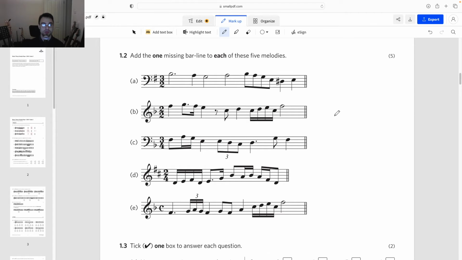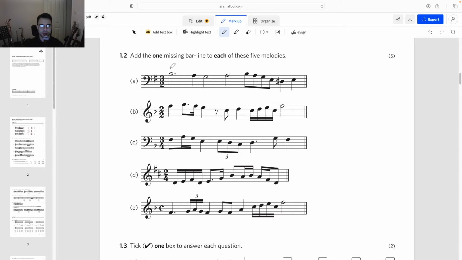Alright, 1.2. Add the missing bar line to each of these 5 melodies. Okay, so what's our time signature? We're in 3-2. That means that every bar has to have 3 minims in it. So let's just start hunting for minims.